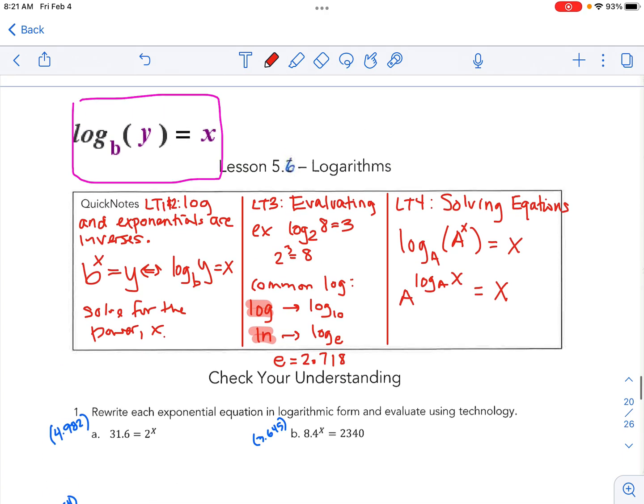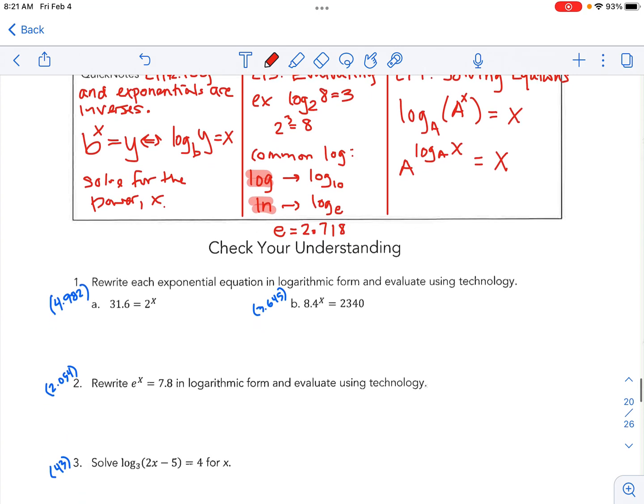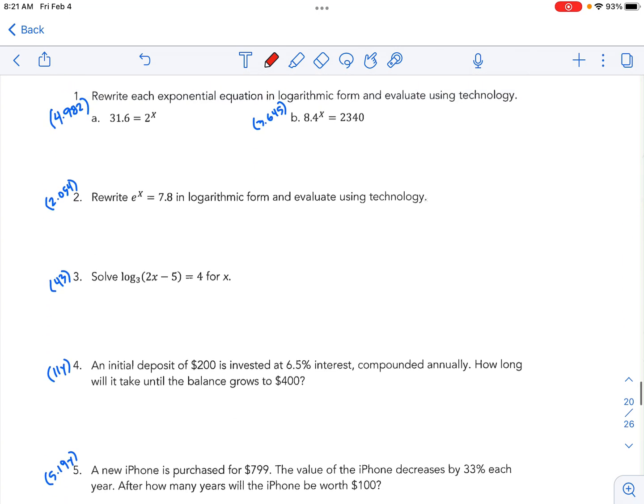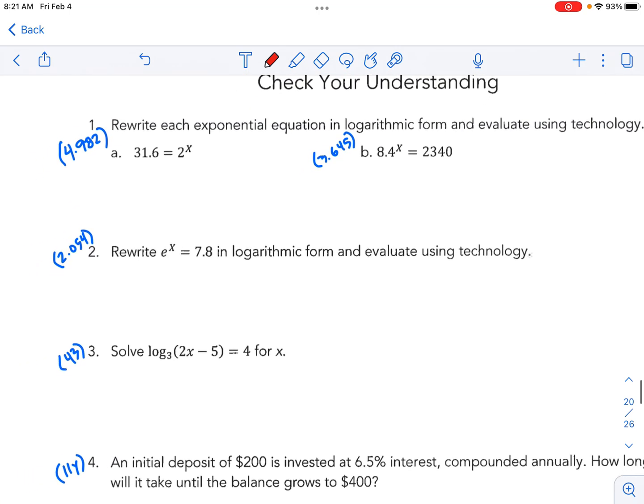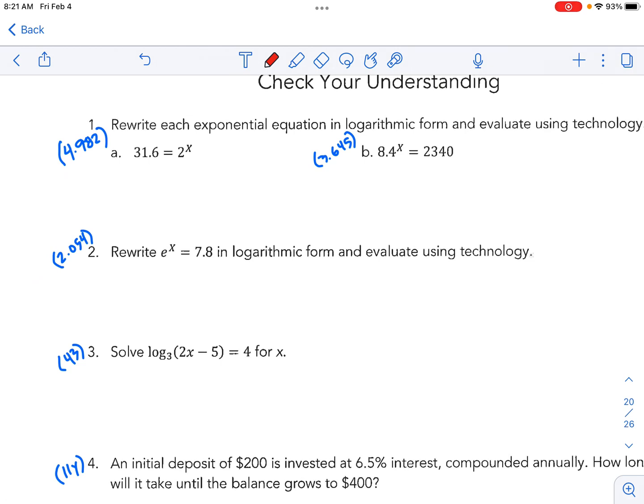Those are handy patterns to use, as well as this pattern that rearranges our logarithmic expression to an exponential expression and vice versa. So as you do the check your understanding, I just want to preface this: it's going to be a rearrange.